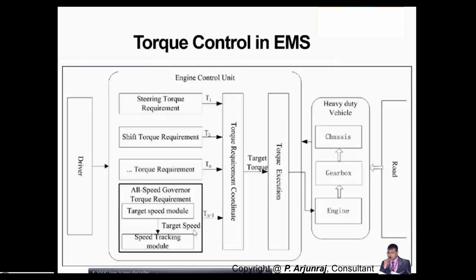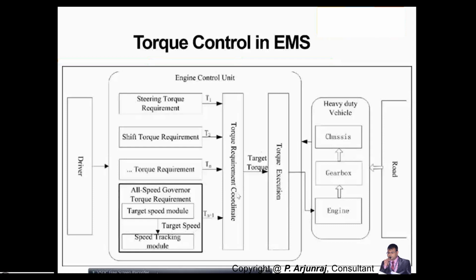Again, according to the driving cycle or driving pattern, you should also have the target speed, and according to the target speed you also have different gears and different vehicle requirements. Accordingly the shifting of the gear or the torque requirement will vary, and if the torque requirement is varying, your target torque will also vary.